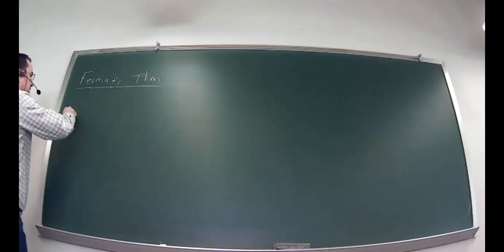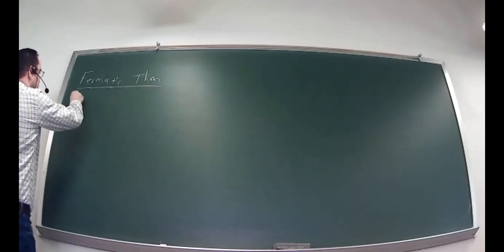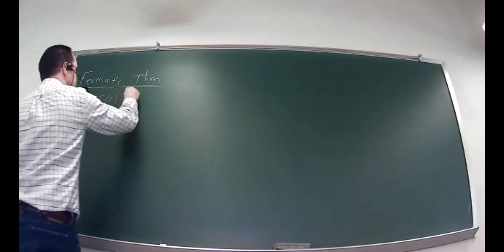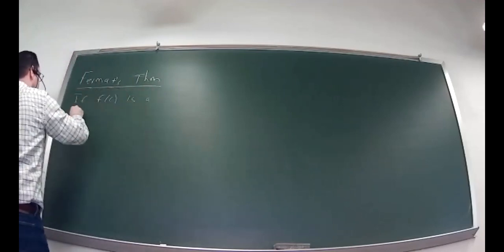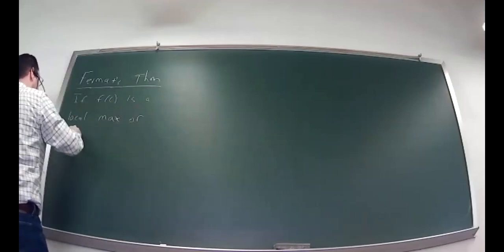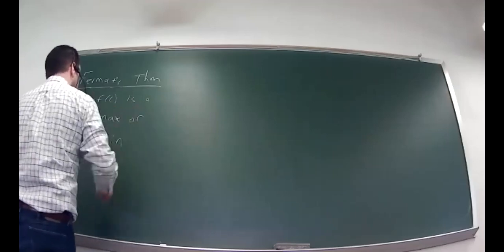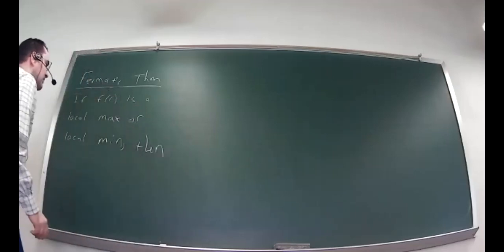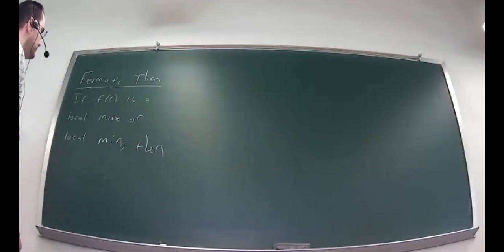And it says that if f of c is a local max or a local min, then c is a critical point.